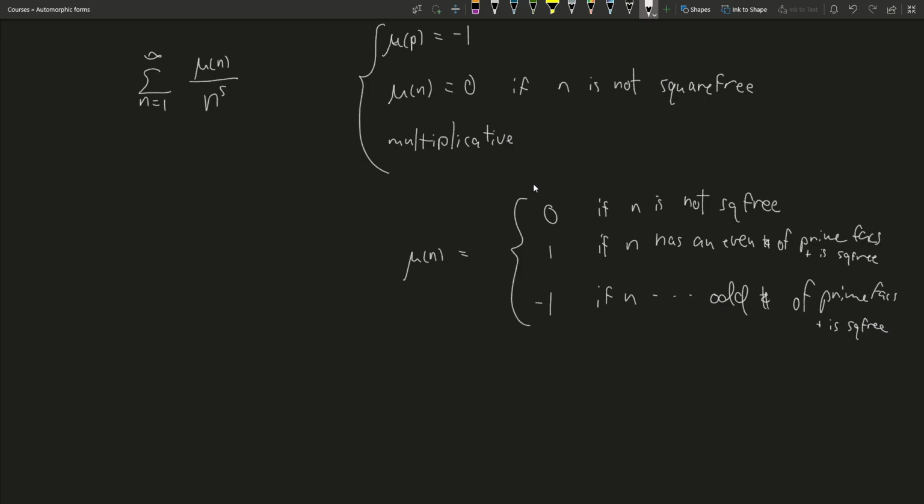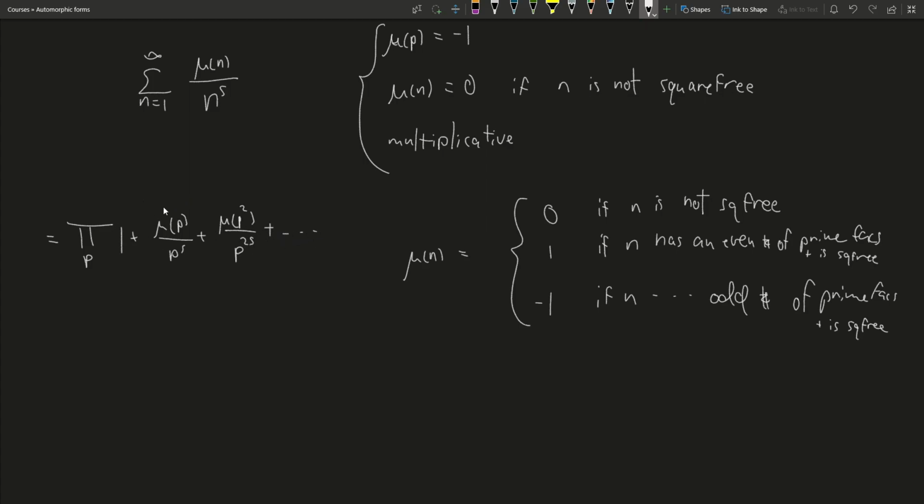Okay, so mu is multiplicative, and that means that to study a Dirichlet series like this, one way we can do it is we can write it as an Euler product. So let's write it as a product over primes, and then we can do the usual thing, 1 plus mu of p over p to the s plus mu of p squared over p to the 2s plus dot dot dot, right?